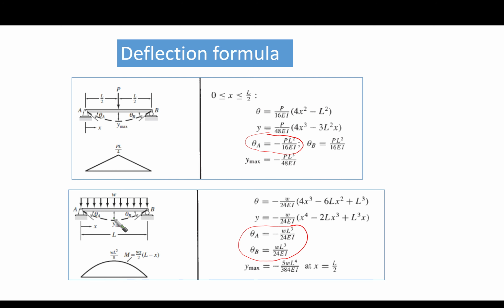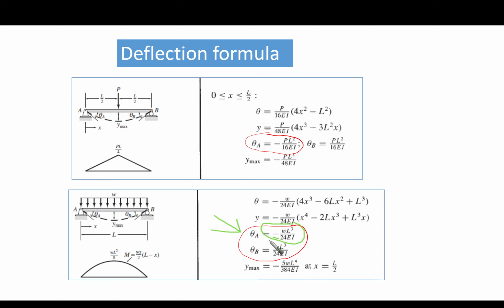This is the deflection formula that you are going to find in the back cover of the textbook: simply supported, loaded with distributed load. Theta A and theta B can be calculated by our formulas. You can find it here. Theta A and theta B are WL cubed over 24 EI, and we have a minus here.